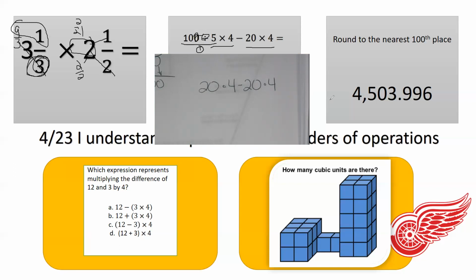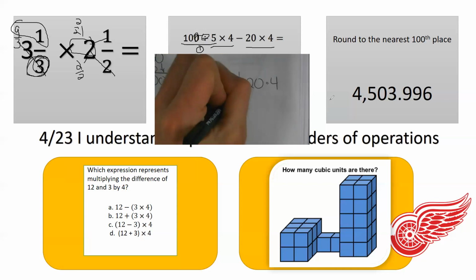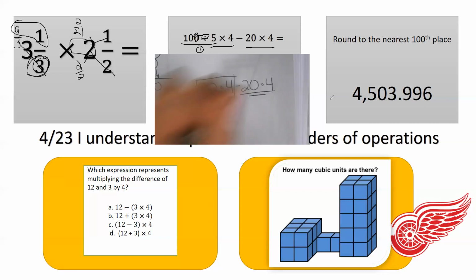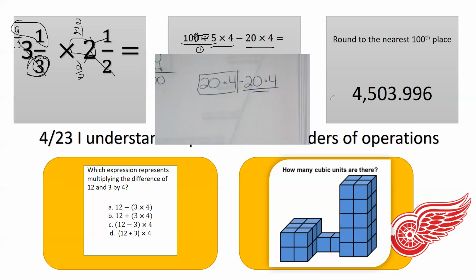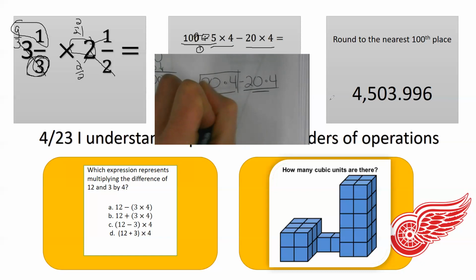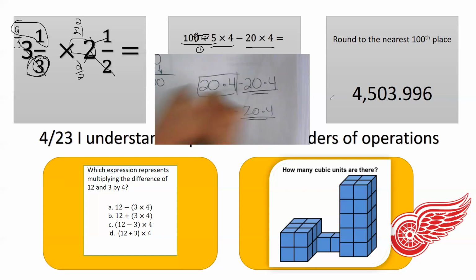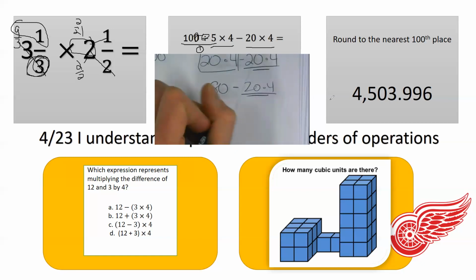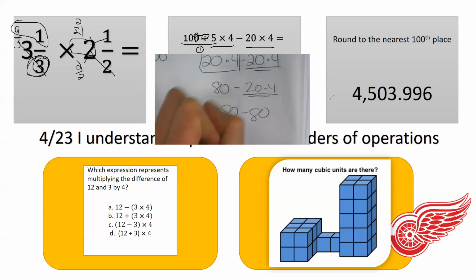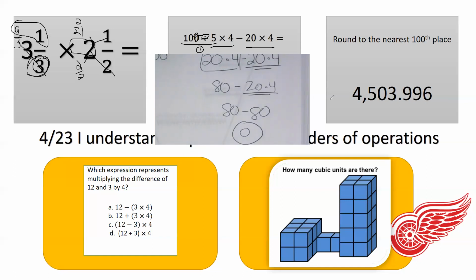Now I have a new problem. I'm going to go from left to right. I have multiplication here, and then I have multiplication here. 20 times 4 is 80. And then I'm going to subtract 20 times 4. Well, now I have to multiply first. So I have 80 minus 80, and 80 minus 80 is 0.